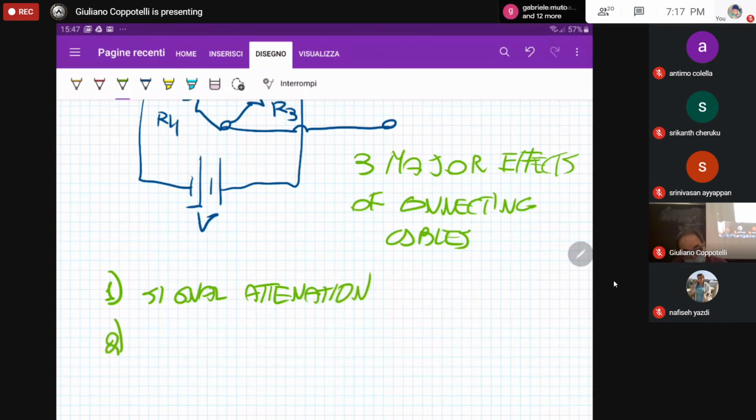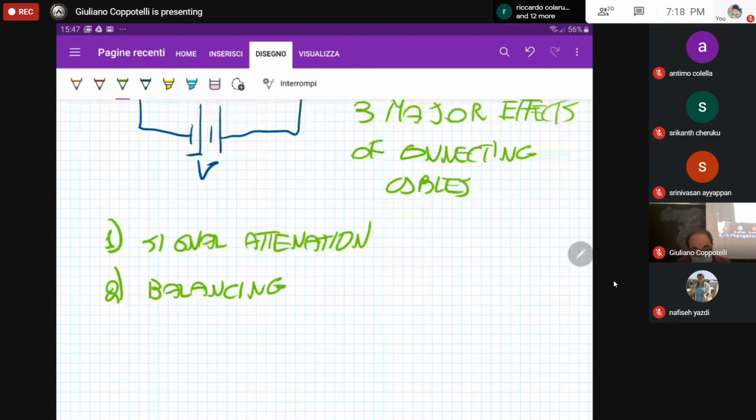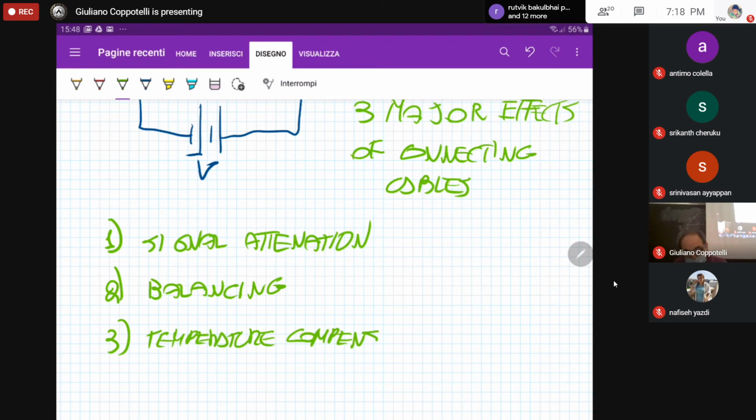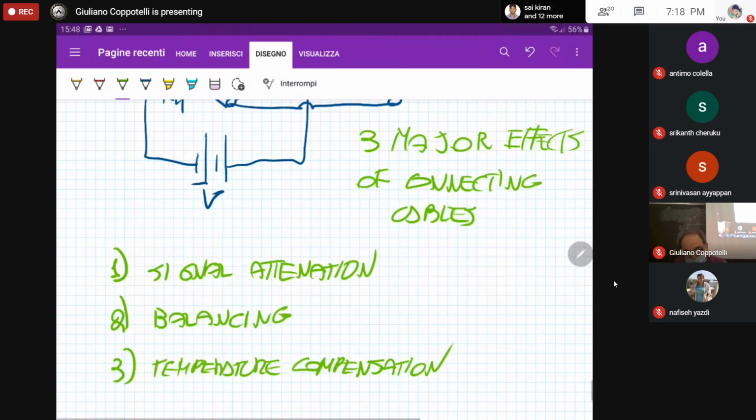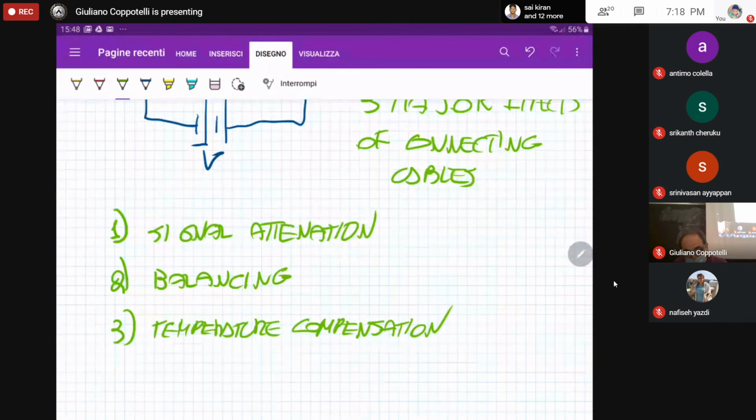Second, balancing, Wheatstone bridge balancing, of course. And last one, temperature compensation. Okay, so let's face these three different problems.